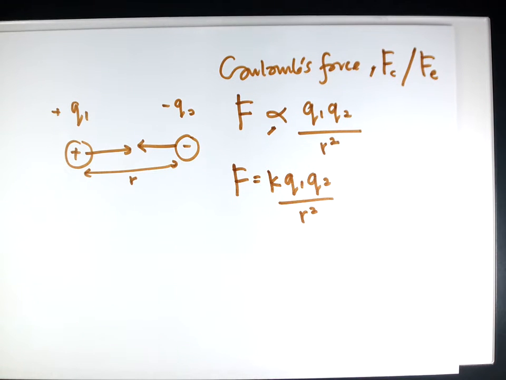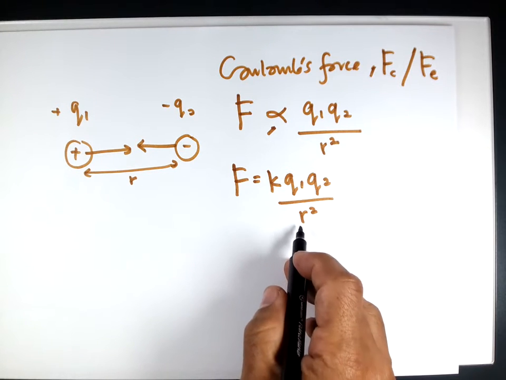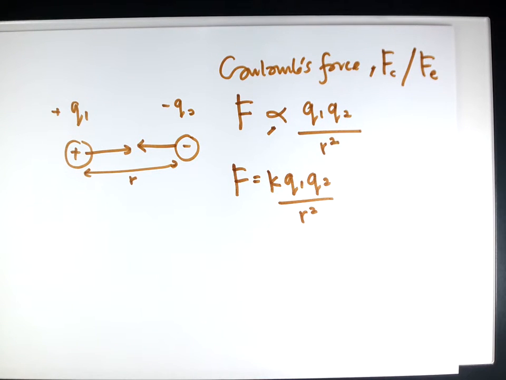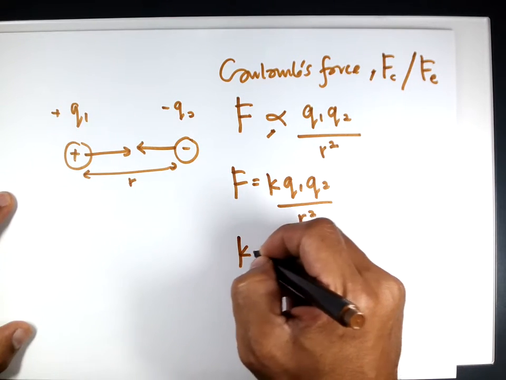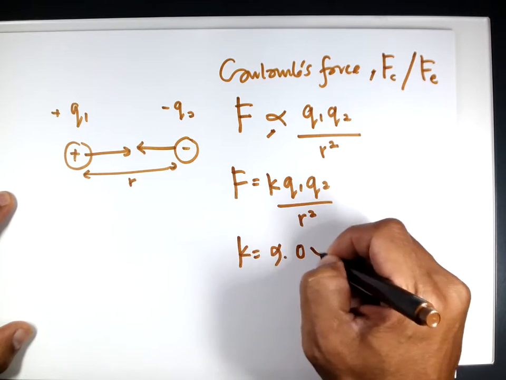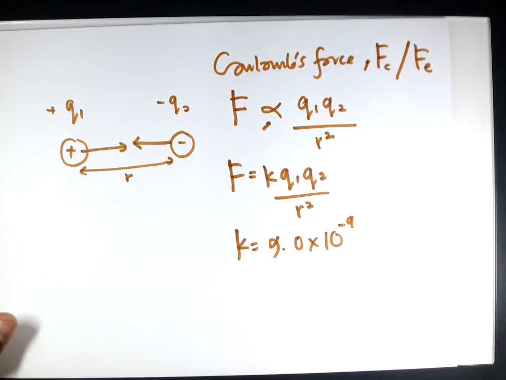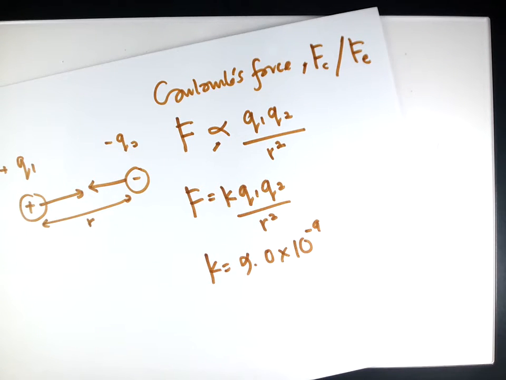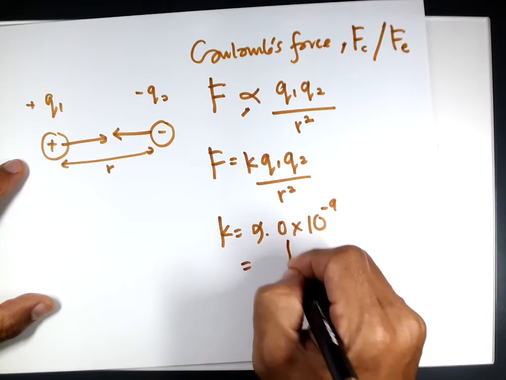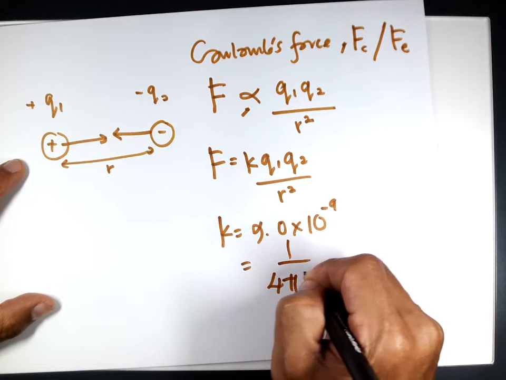Everything in SI unit, so R should be very small, centimeters, millimeters, convert to SI unit, and K is the constant, 9.0 × 10^9 Newton per meter square per Coulomb square. Okay, or K equal to 1 over 4 pi epsilon naught.